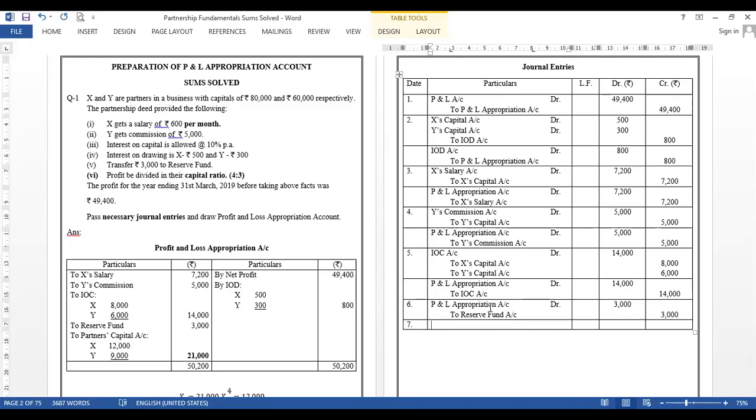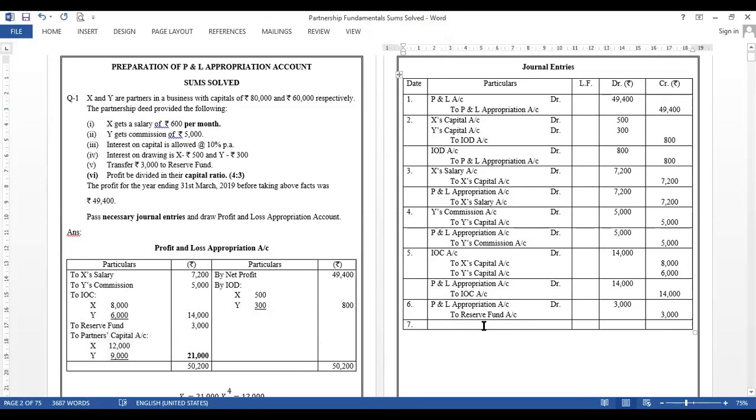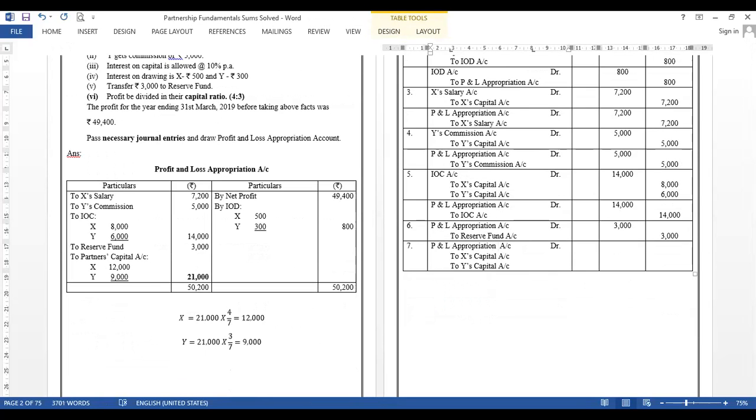Okay. Next one. For the transfer of profit to partners' capital. Fine. The last one now. Profit and loss appropriation account debit to X capital, to Y capital. That's very correct. Okay. Amount total is 21,000. And this is going to be 12 and 9.